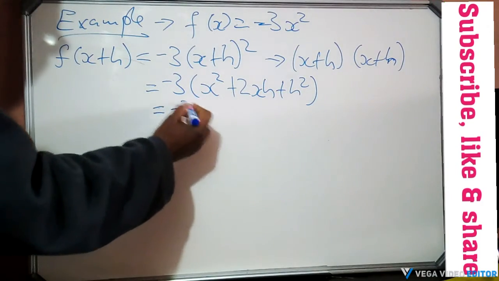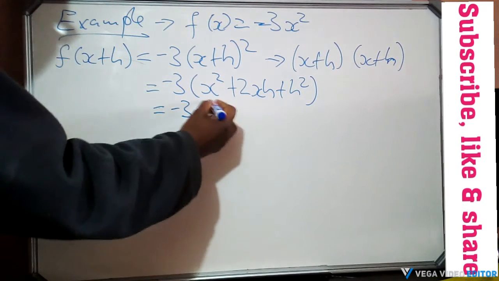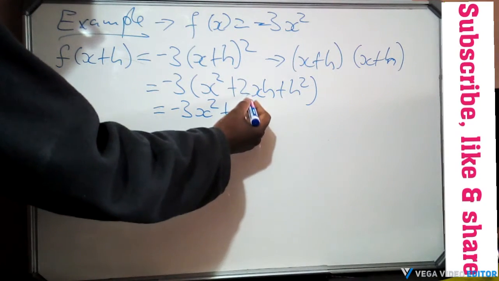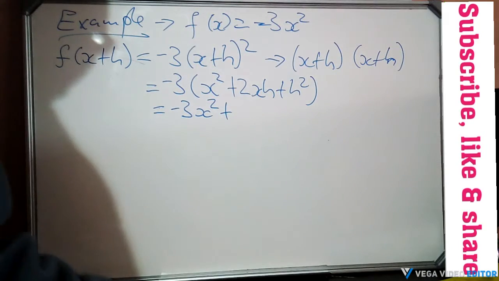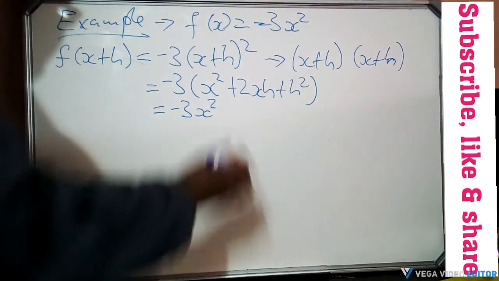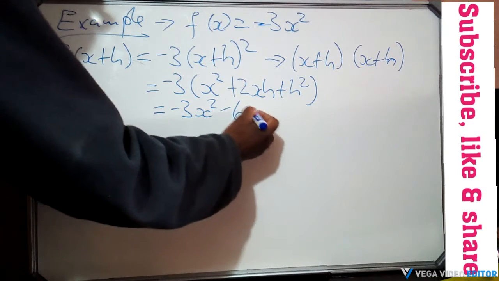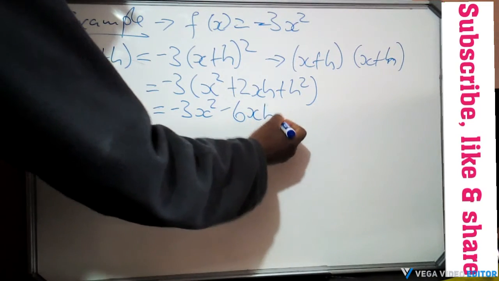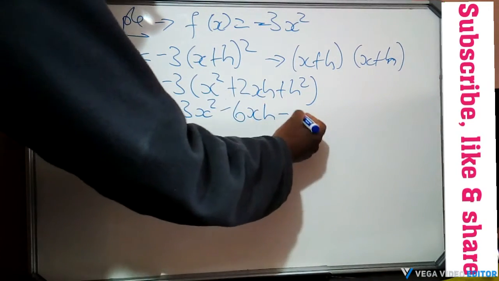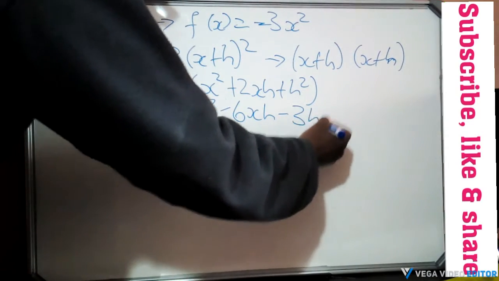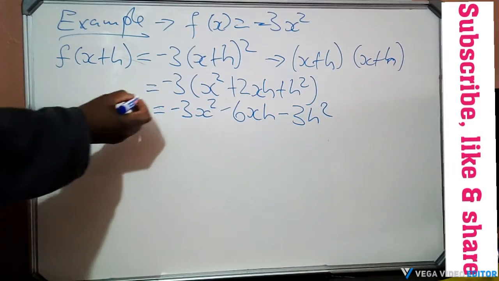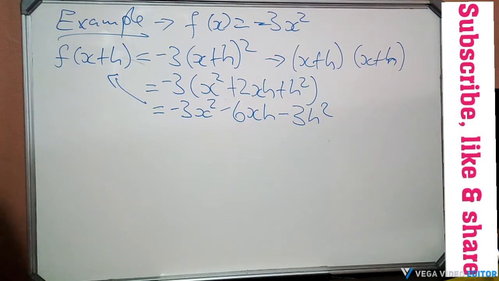So we have -3x squared plus this times that is going to give us a negative there, which is -6xh and -3h squared. So this is the value of f(x plus h). All right. Now that we've found the value of f(x plus h), what we need to do is then substitute it into our formula.